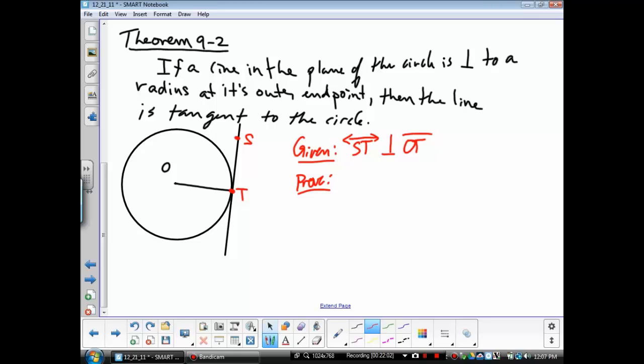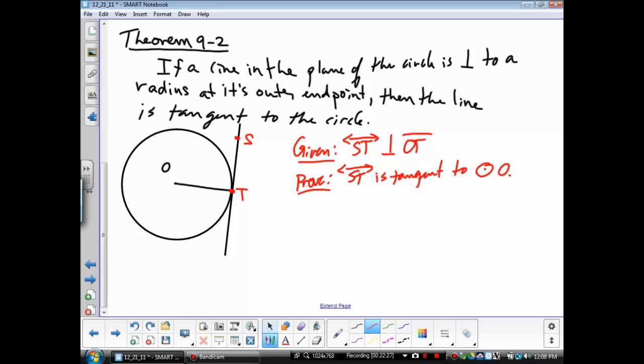So we want to prove that ST is tangent to circle O. What does it mean for it to be tangent? It intersects a circle in how many points? Exactly 1 point.